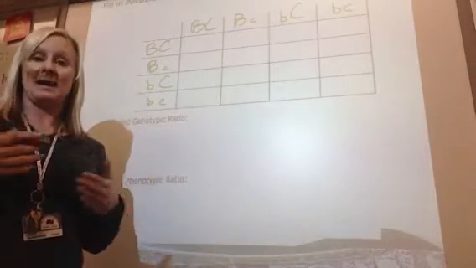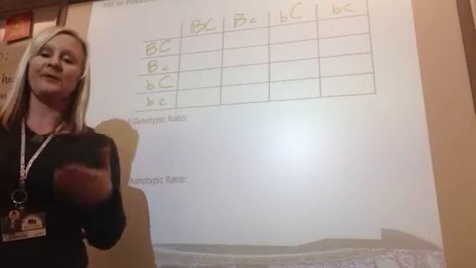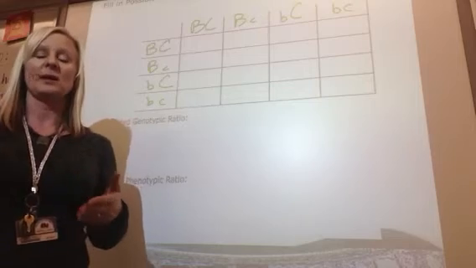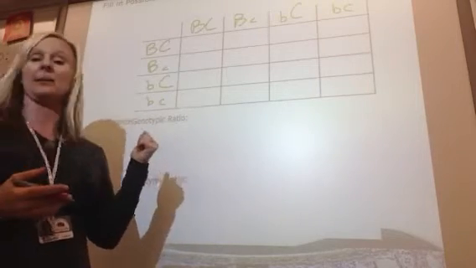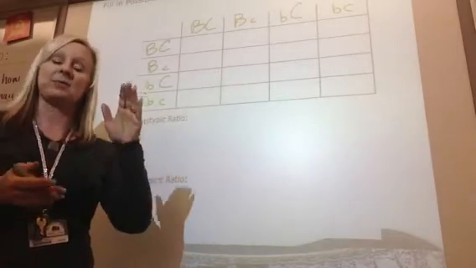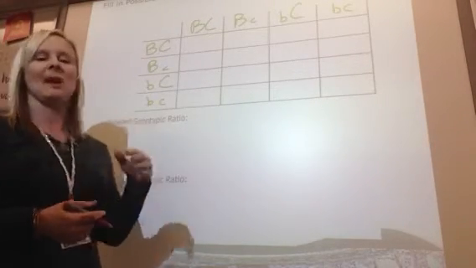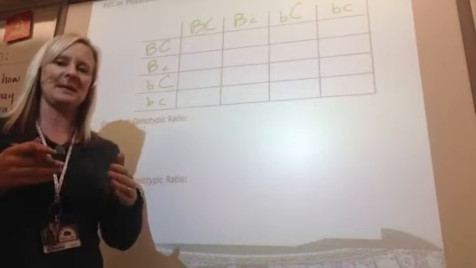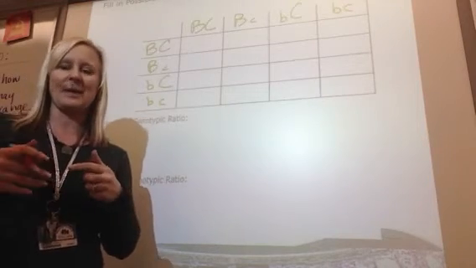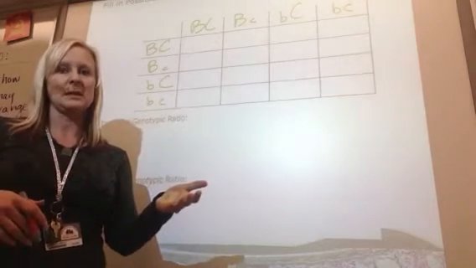So now I can bring them together. So if you think about it, when you wrote genotypes on the monohybrid cross, you had the two letters that came together and you had your genotype. So when I read my genotypes, should I read BC, or should I be reading BB?